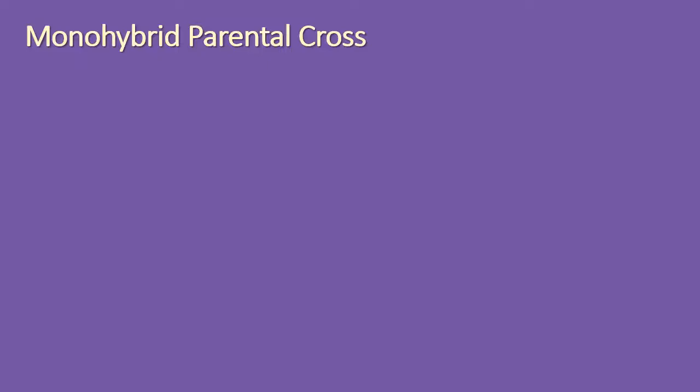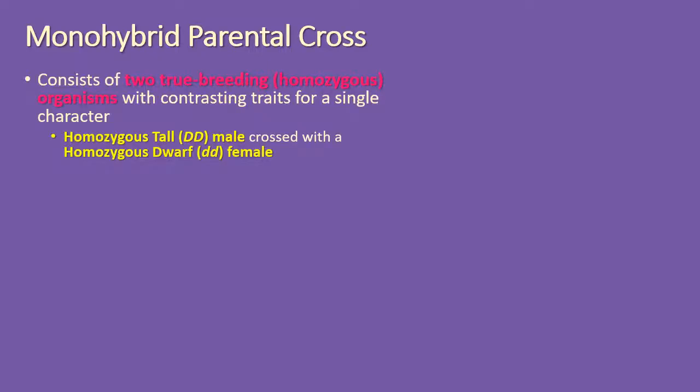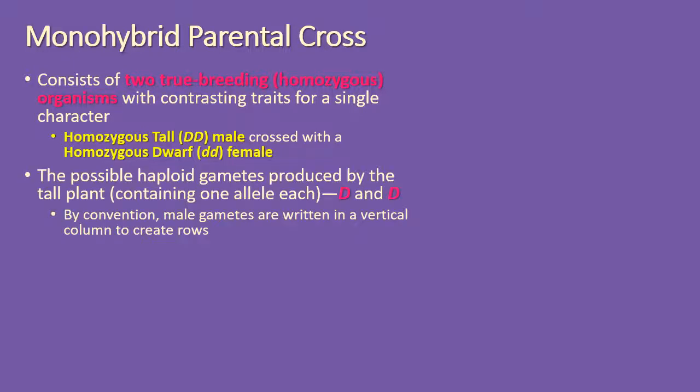And monohybrid Punnett squares are pretty easy. So what you do is you have to know what the genotypes are for the two plants that you're crossing. So in the parental cross, we know we had a homozygous tall crossed with a homozygous dwarf. So we had a capital D crossed with a lowercase d.